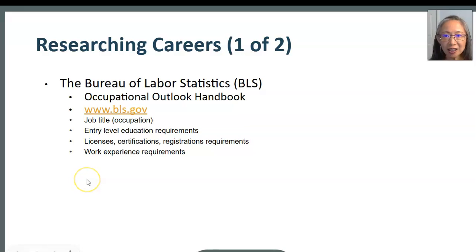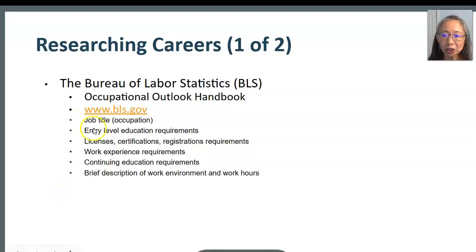Work experience: some entry-level jobs do not require experience, but a managerial job typically will require 3 to 5 years of experience. Some jobs also require you to continue further education. This is very common for teachers, nurses, any fields that have a lot of significant changes in the field. Financial planner is one, accountants as well.